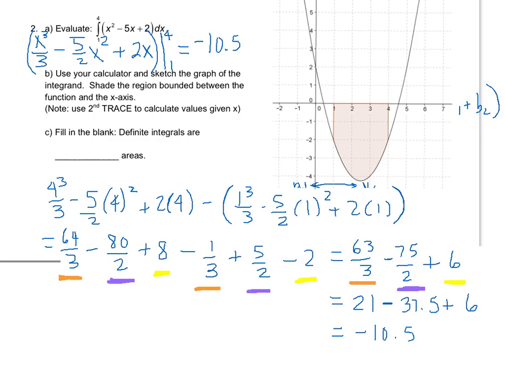So if you were to take a guess, definite integrals are what kind of areas? It's not just area, it's signed. S-I-G-N-E-D. Wow, yellow's kind of hard to see. How about that? Let's make that blue. Okay, so we're talking about signed area, meaning if it's above the axis, it's positive. Below the axis is going to be negative. Okay?